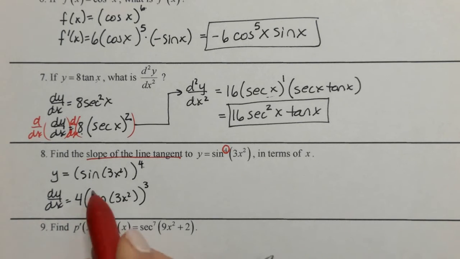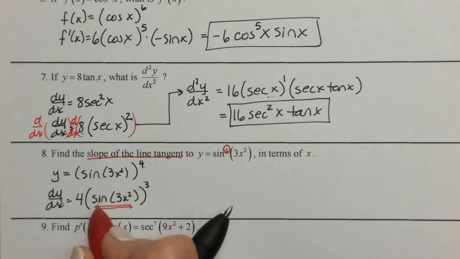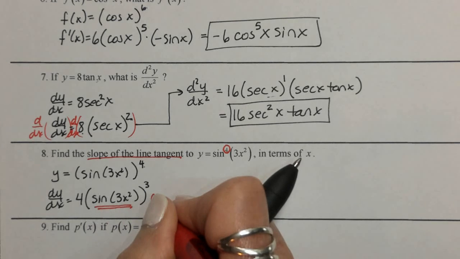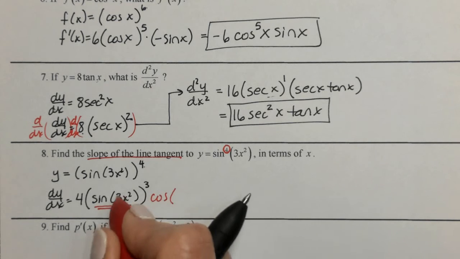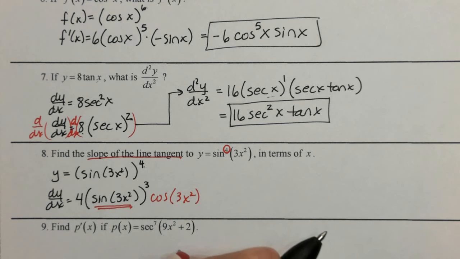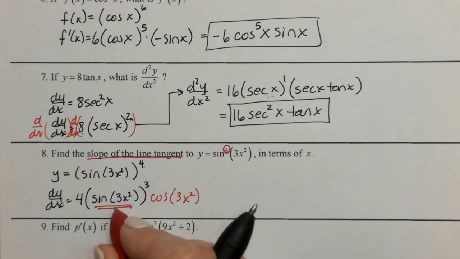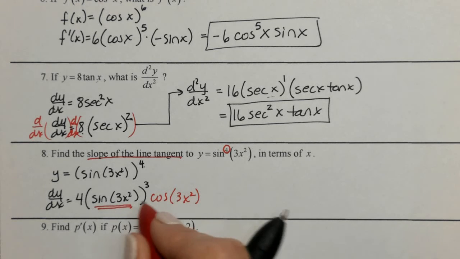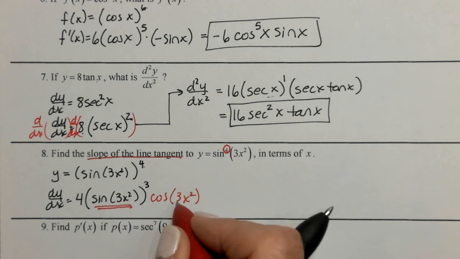Now we need the derivative of the inside. What's the derivative of the inside? Well, the derivative of sine is cosine. Keep your 3x squared, right? The derivative of sine is cosine. Keep your argument. That never changes.